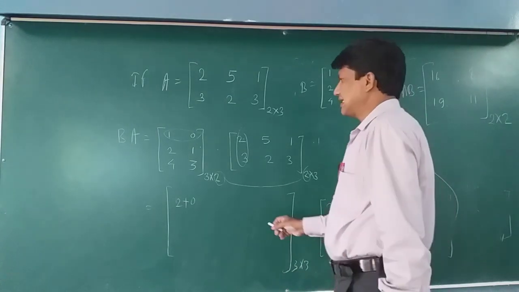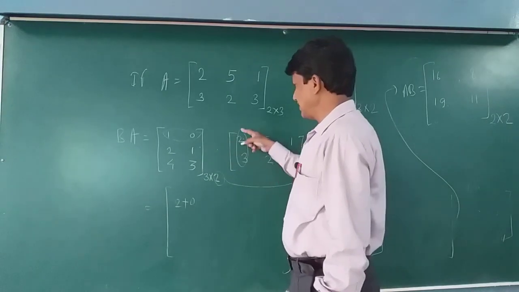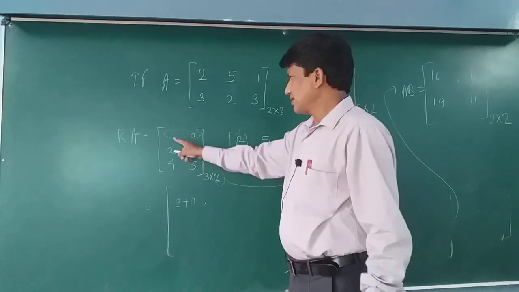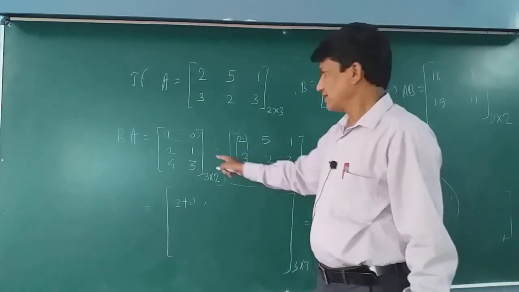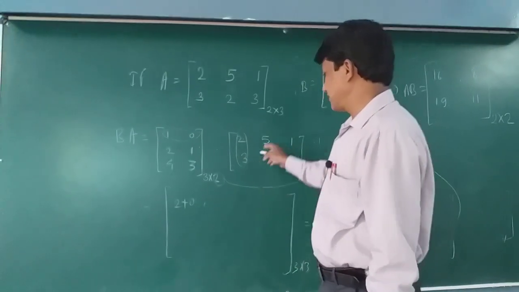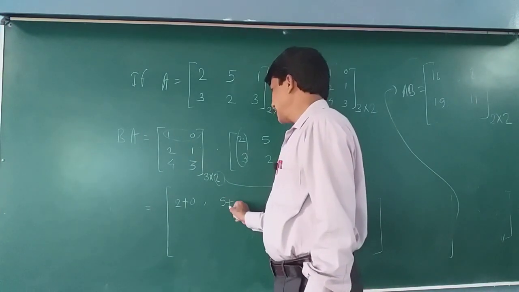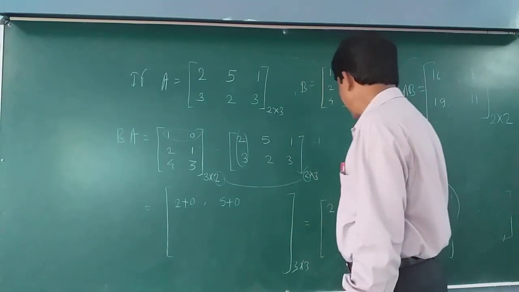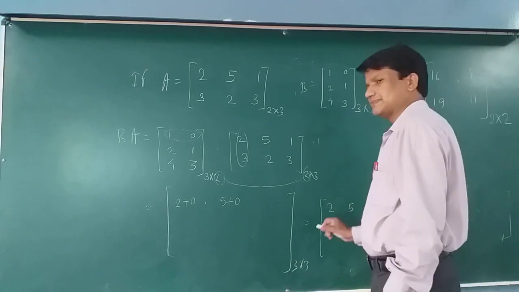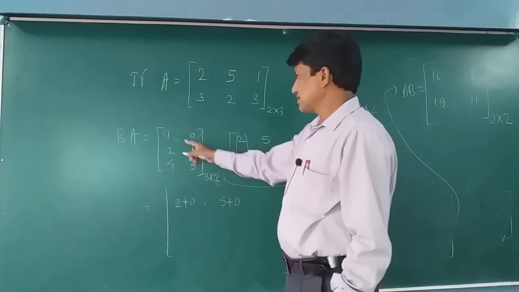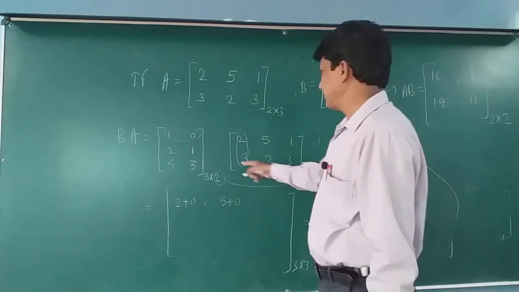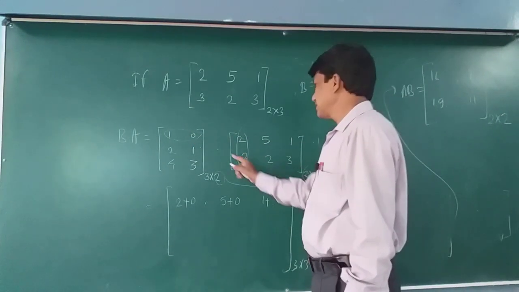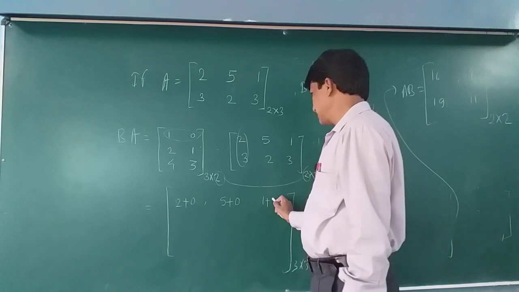So this gives us our number 2. Okay. Now first row with first column we get our first number. Same way, first row with second column, 1 with 5, so 5 plus 0 with 2 is 0. So the answer is 5. Similar way, same row with third column, 1 with 1 plus 0 with 3, so 0.